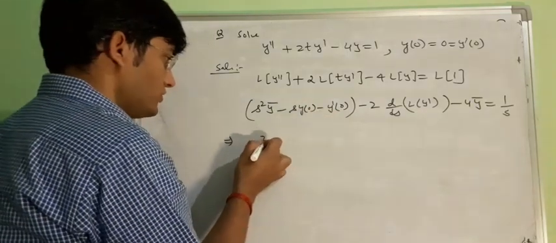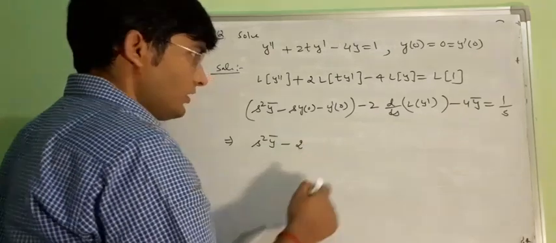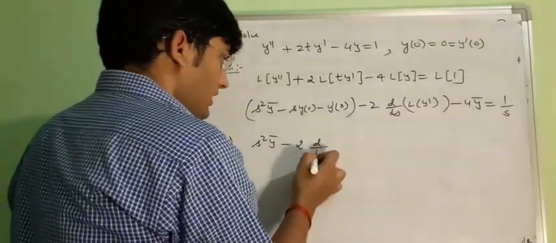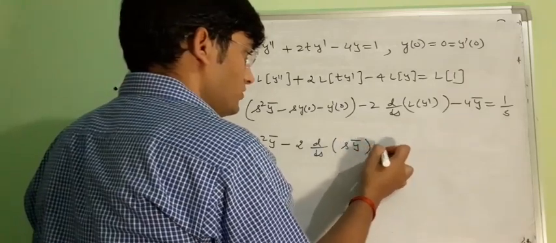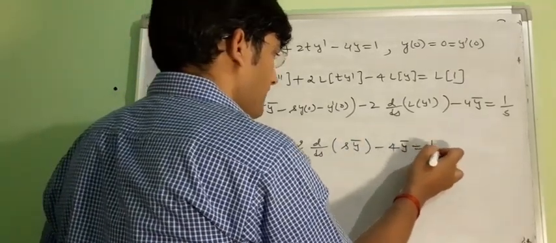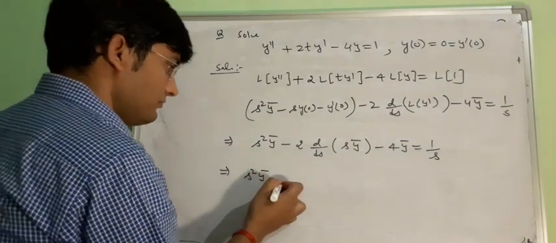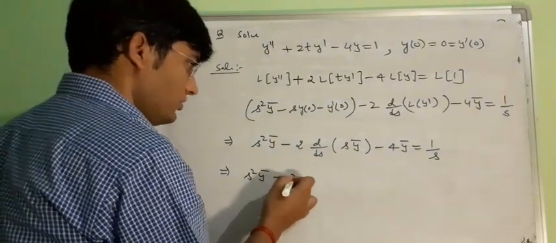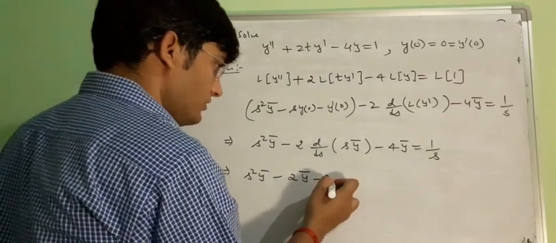So this will be s square y bar minus 2 times, here Laplace of y dash is s y bar minus y(0), which is 0. So we will have this term. From here we will get s square y bar minus 2, now here the differentiation will be 1, then we will differentiate this one.